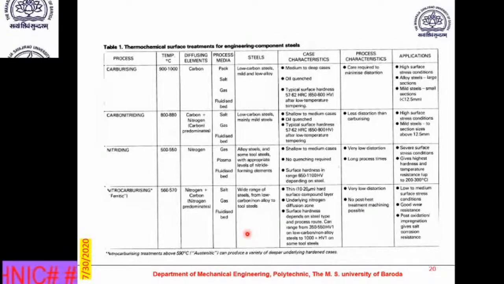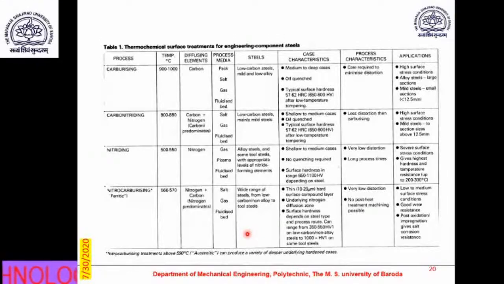Process media: pack, salt, gas or fluidized bed. As we saw, there are three methods of carburizing: pack carburizing, gas carburizing and liquid carburizing. When it is pack carburizing, we are using a mixture of salt. When it is gas carburizing, we are using ammonia gas. When it is fluidized liquid, we are using a liquid containing carbon and ammonia.